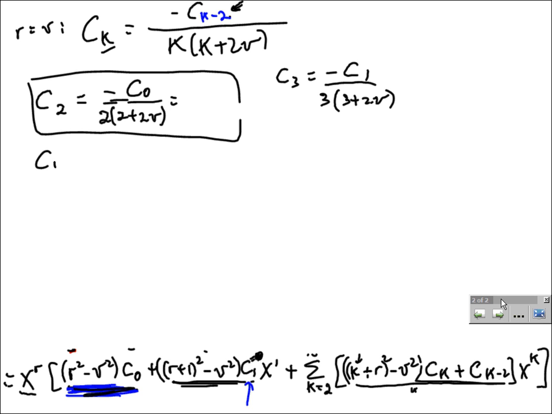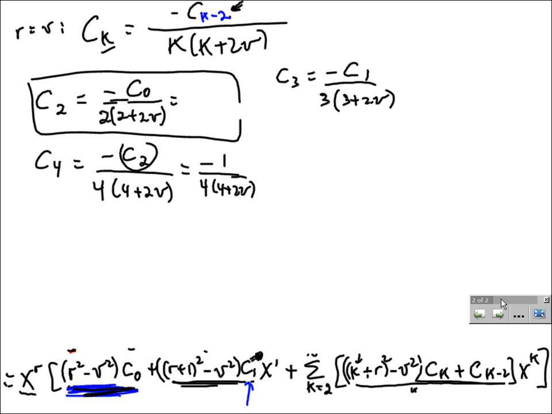Now, c sub 4 is going to be negative c sub 2 over 4 times (4 plus 2v). So it's negative 1 over 4 times (4 plus 2v) times c2.